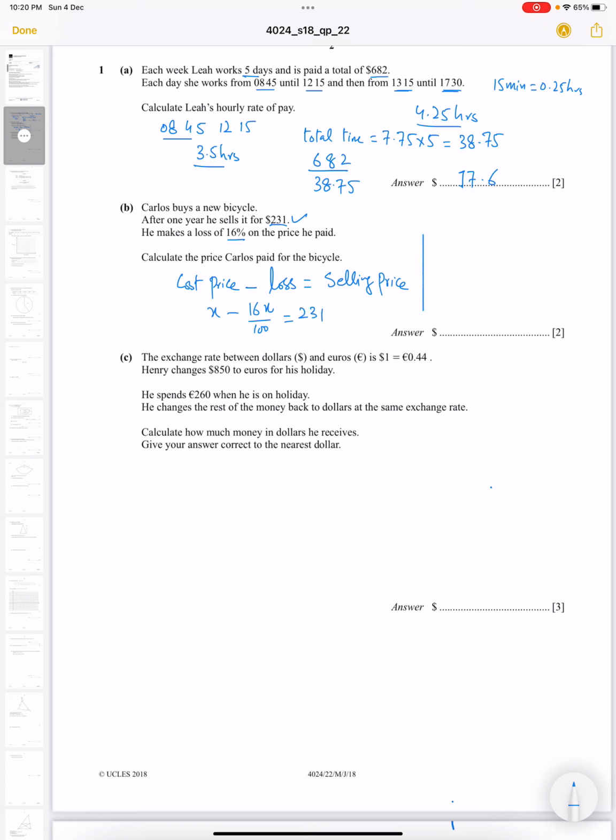After simplifying it, it becomes 84x by 100 equals 231. Solving it, x equals 231 multiplied by 100 over 84. Let me solve it by calculator: 231 multiplied by 100 divided by 84. It is $275.